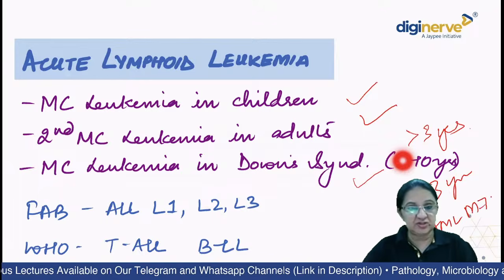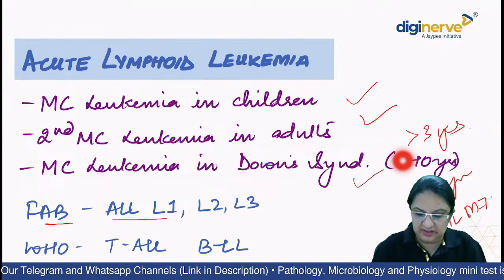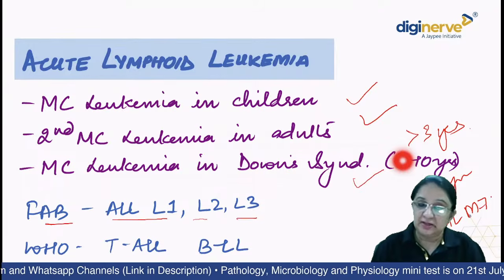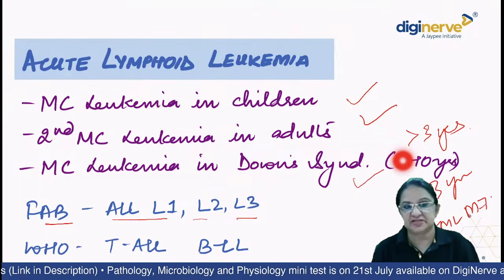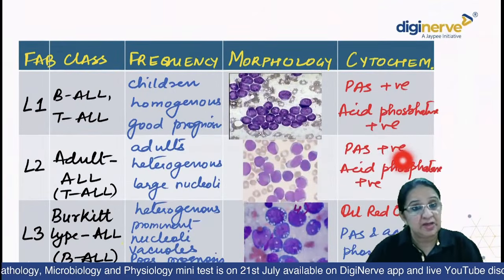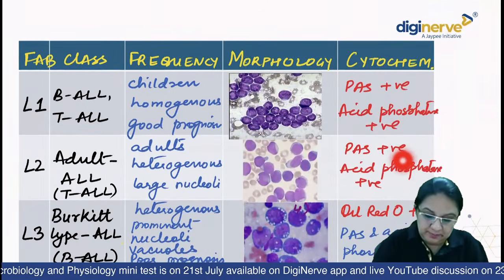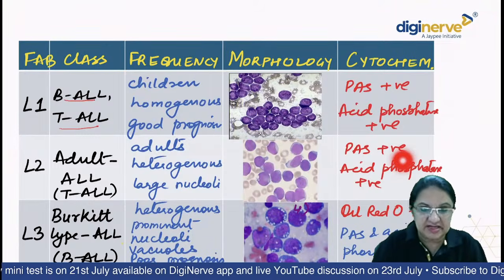So again, for this also, we have FAB classification classified into ALL L1, L2, L3. WHO, however, classifies this as T-cell ALL and B-cell ALL.